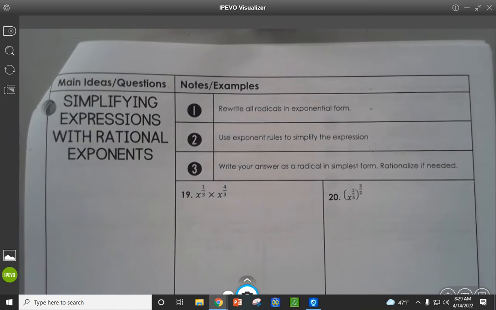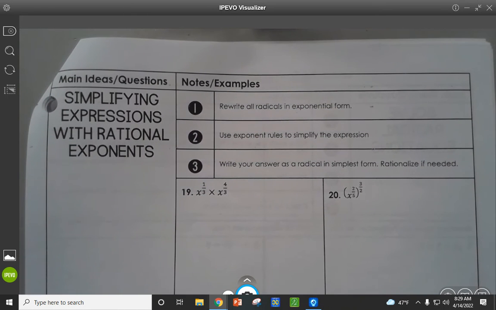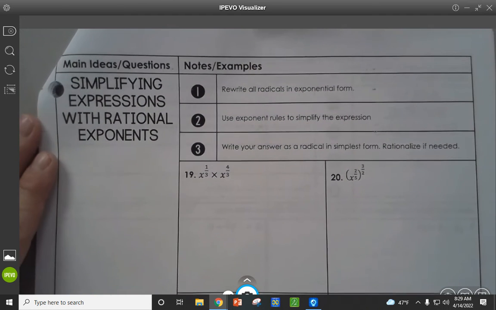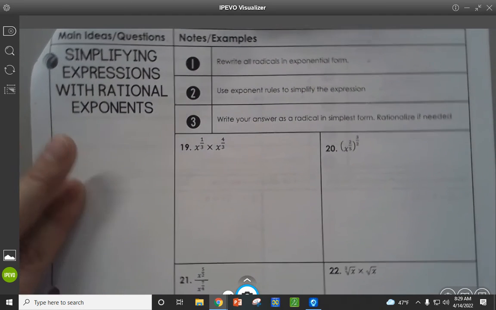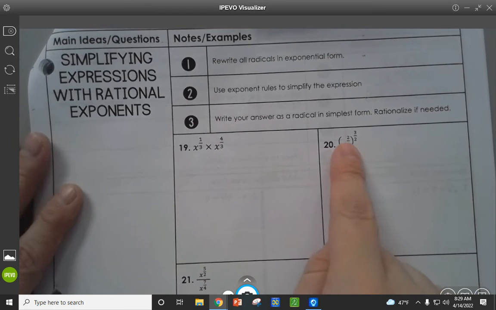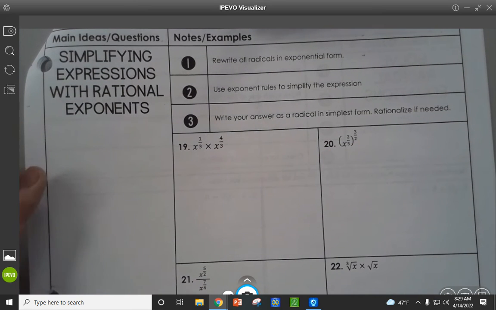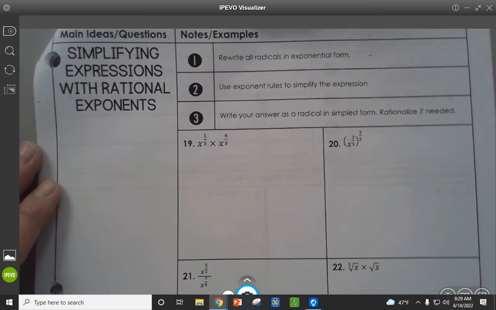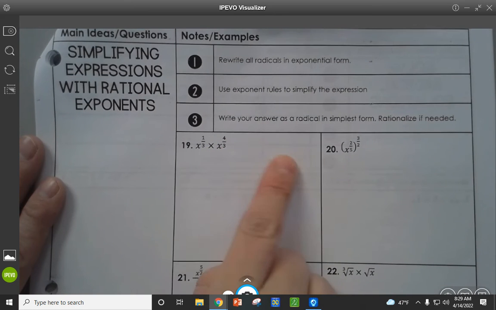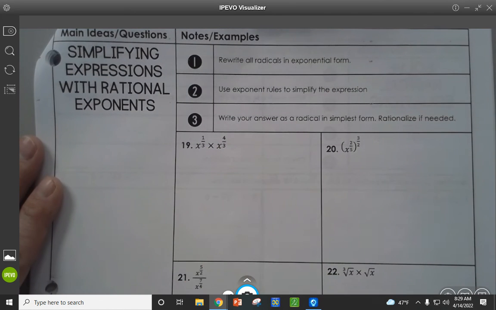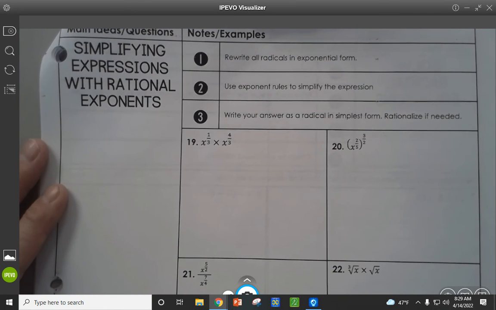And these all are going to require you to use exponent rules. So whenever we are multiplying, dividing, or raising to a power, that's what we're looking at now. We want to start with our problems in exponential form, meaning we have fractions as our exponents instead of having radicals.